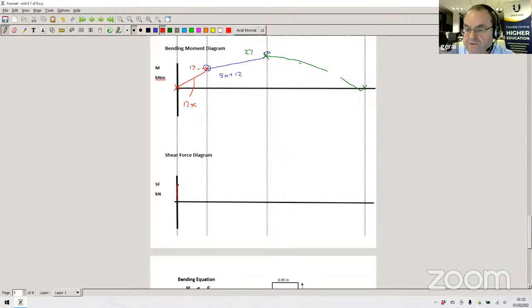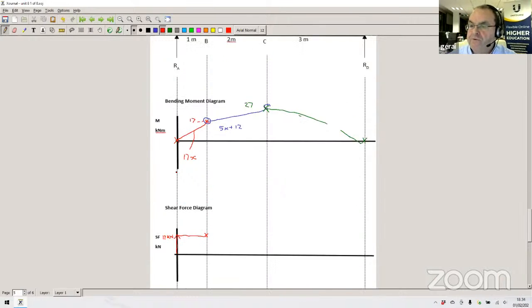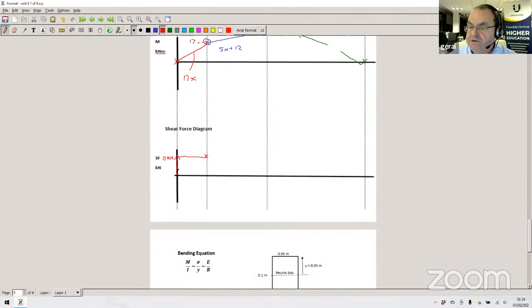So that's the shear force at point A, and that's going to be 17 kilonewtons. Then, because there's no other loading between A and B, we draw a horizontal line across from A to point B. Now we have a downwards force of 12 kilonewtons.